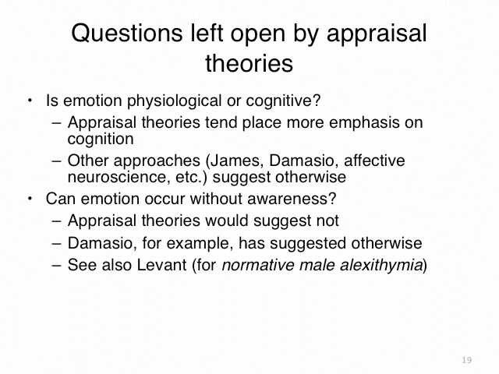Anyhow, these early appraisal theories leave a lot of open questions. They don't say anything about what emotion is, if it's physiological or cognitive. They tend to place more emphasis on cognition, but the James-Lange theory, Damasio, the whole field of affective neuroscience certainly suggest otherwise, and they don't necessarily take on these other approaches.